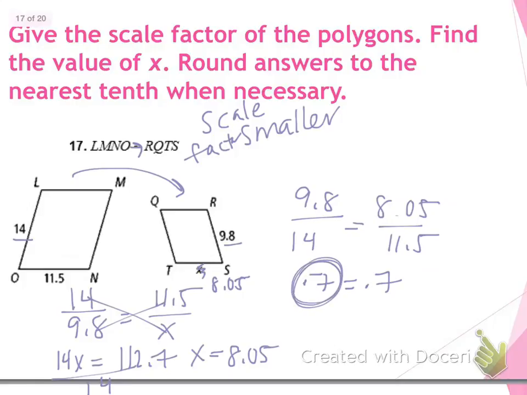That is a small scale factor because I'm scaling by 0.7, so that's the one I wanted. If I would have got something bigger than 1, I would have needed to flip-flop my fractions because I wanted to start with my teeny one on top instead of my big one. So my scale factor this time is 0.7.